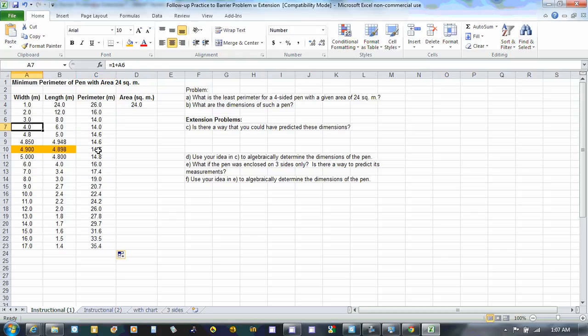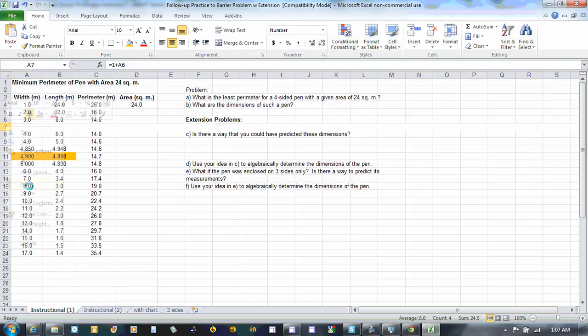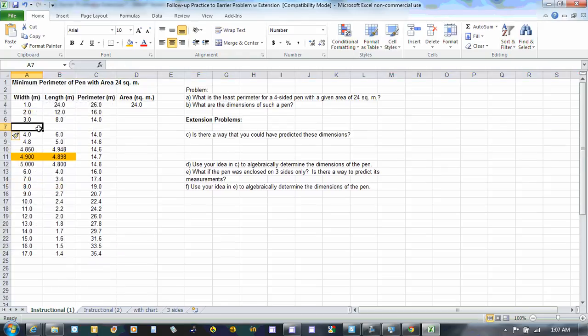That could be the case. So let's enter in a row, and in between 3.0 and 4.0, why don't we try 3.5? Let's copy and fill down and see what happens.